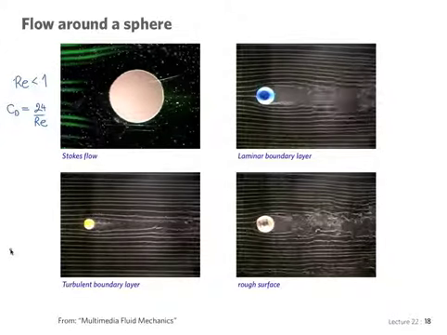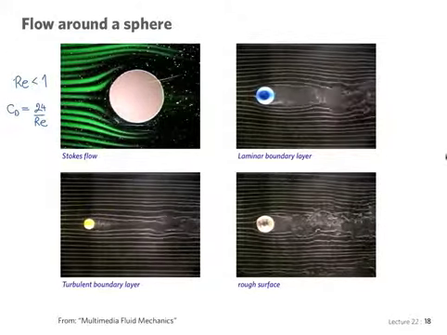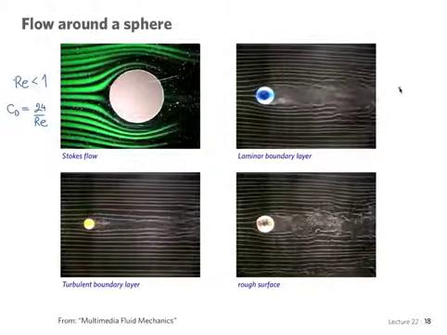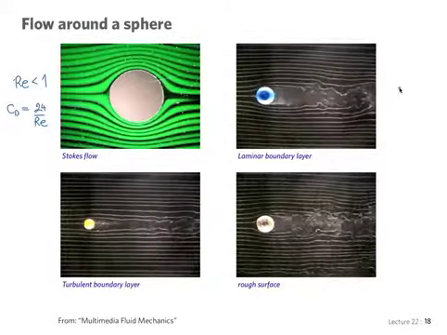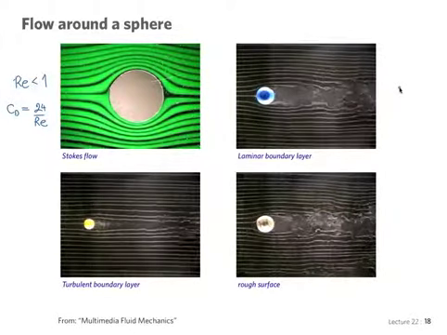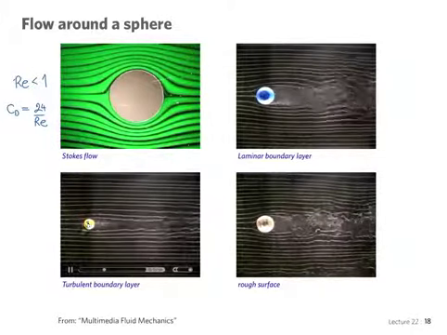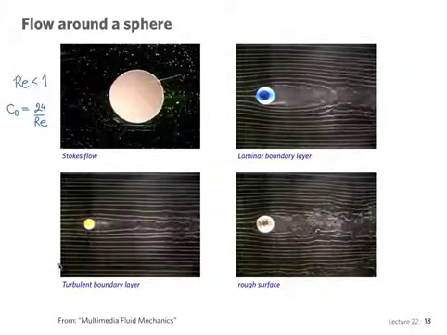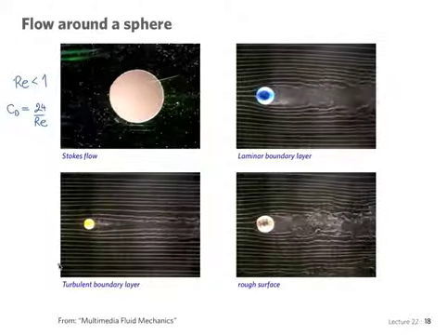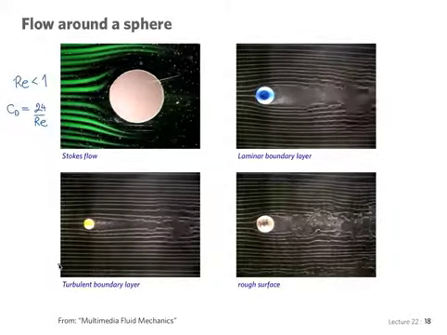And there's a very interesting thing that happens: a turbulent wake develops in the back. This is the cause of large pressure drag, of course, but there is a point when the boundary layer in the front of the sphere becomes turbulent.